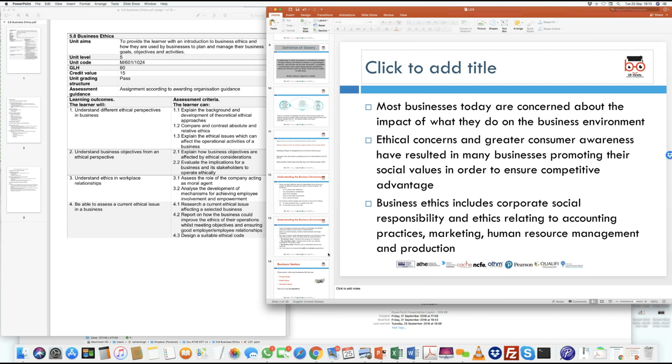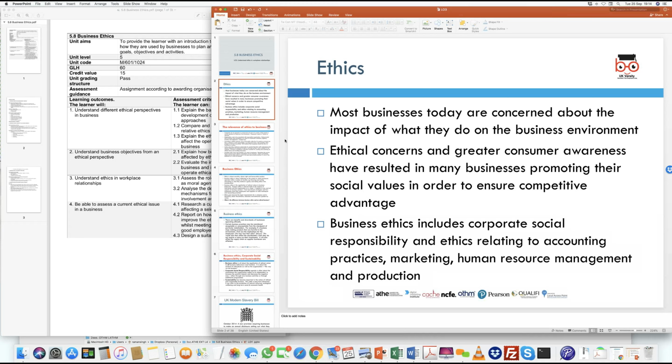Now why are ethics important? A couple of points I would like to put forward: most businesses today are concerned about the impact that they have on the business environment. Going back to the example of Apple, over the years most companies within the telecom technology arena are looking at using less arsenic, less mercury, or other metals which can cause large-scale environmental damage.